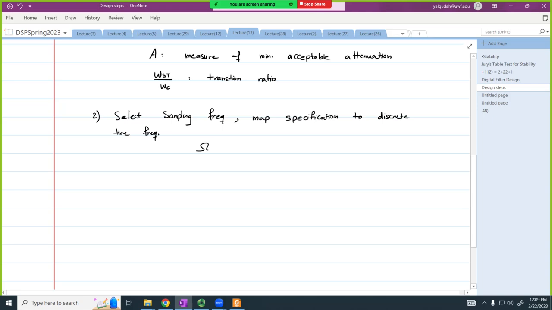And if you remember, omega, the discrete time frequency, is equal to W multiplied by T, and omega is between negative pi and pi.